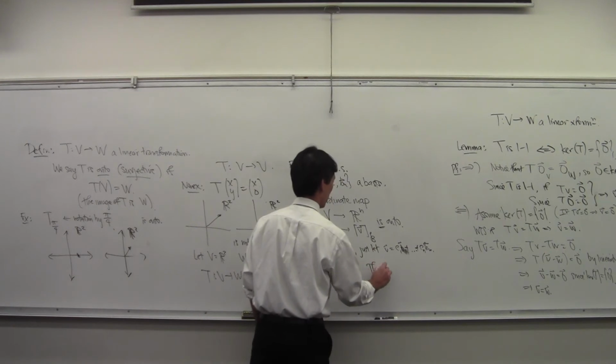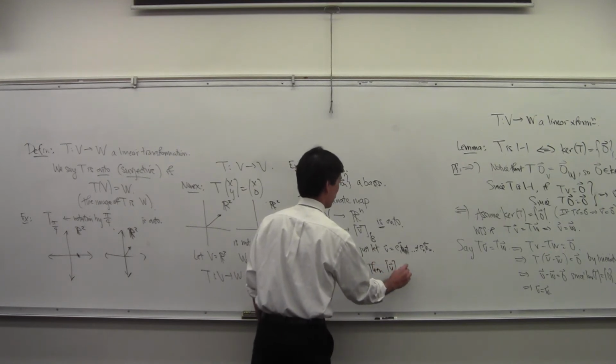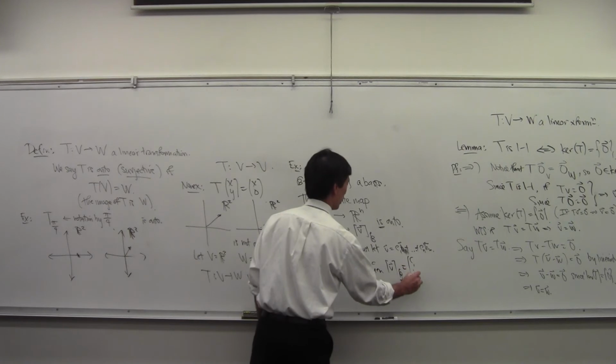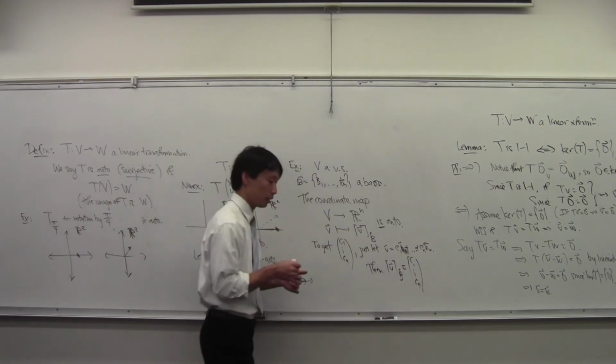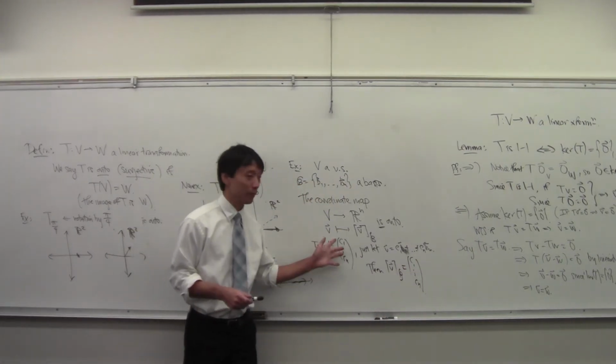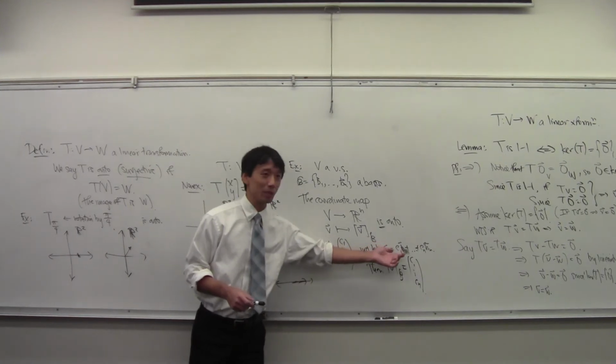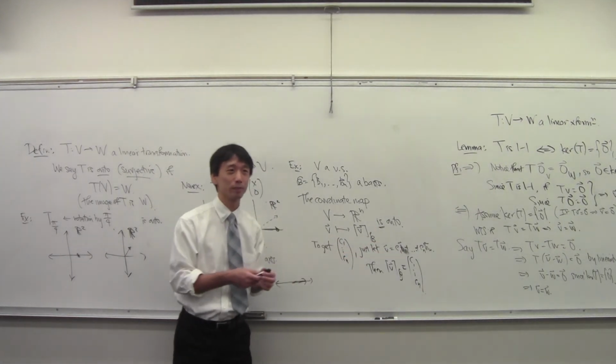Then the coordinate vector of that guy will be c1 through cn. So if I want to get some vector, I can easily make up something that has that output.